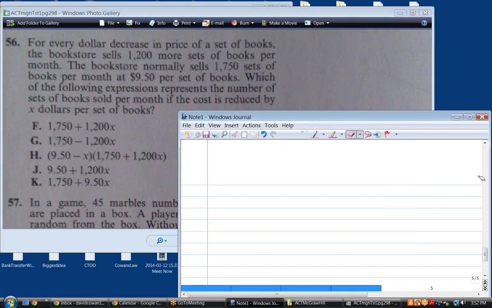I hadn't figured this one out yet. Let's see. For every dollar decrease, a bookstore sells 1,200 more sets of books per month. They normally sell 1,750 sets at $9.50 per set of books.